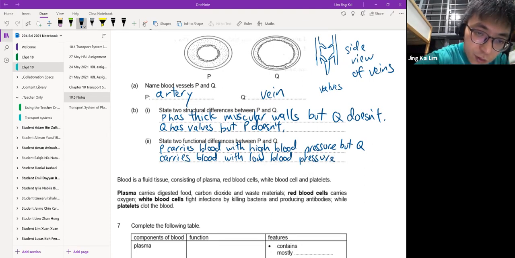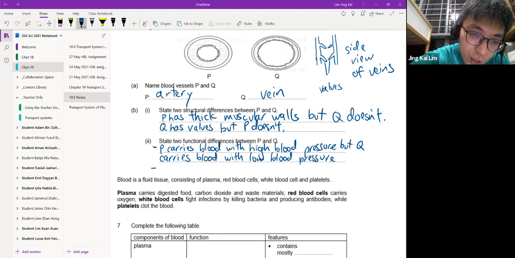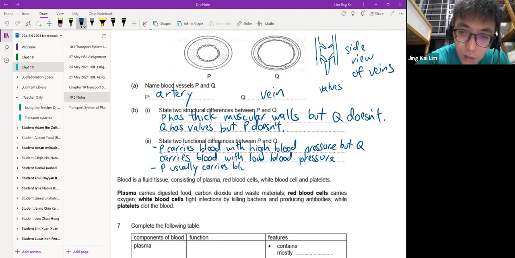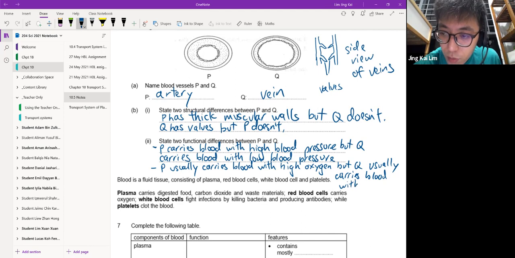The second functional difference between artery and vein is that P, the artery, usually carries blood with high oxygen, but Q usually carries blood with low oxygen.